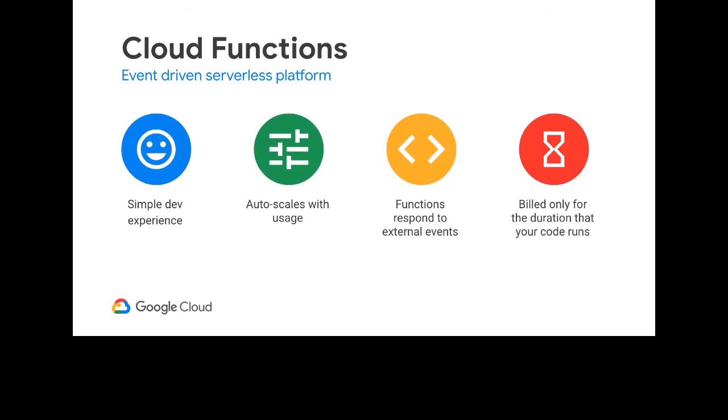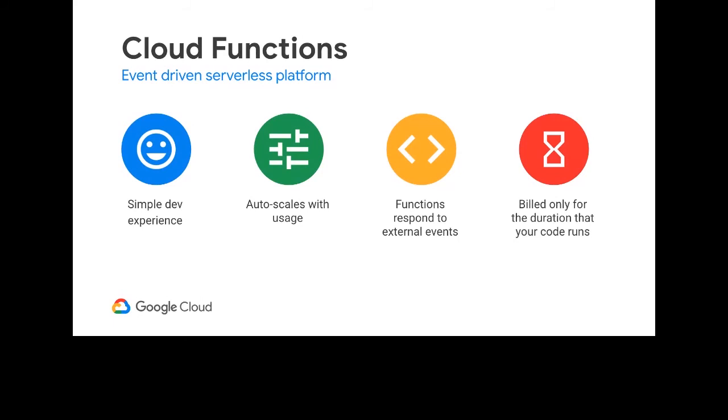So it will only trigger when that event happens. And you're only billed for the duration you are using that particular cloud function. Whenever that event triggers, the corresponding function will be triggered and the results will come out accordingly. For however much time that function was used, you'll only be charged for that. That's all.